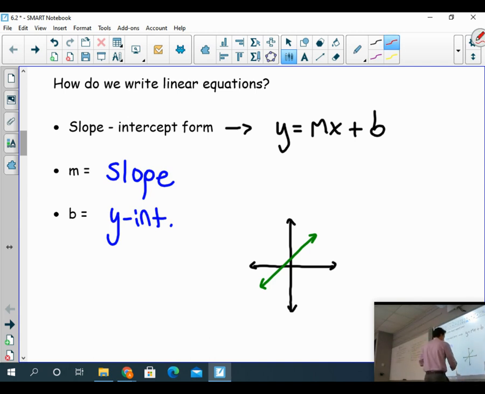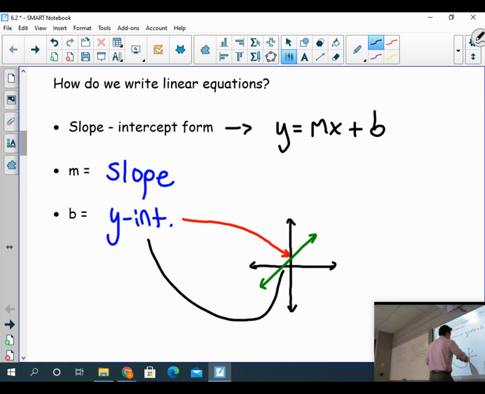In the visual here below, my red arrow points to where the y-intercept occurs. This is where the linear equation switches sides, crosses over the y-axis. We also will discuss in later sections the x-intercept, which is again where a linear equation will cross the x-axis.